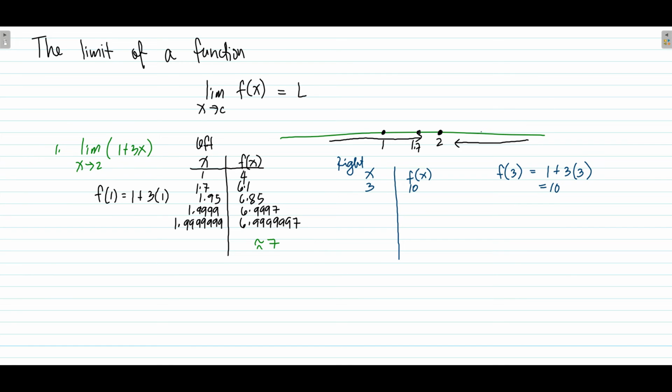So if this is 3, we can go right here with it. That is 2.5. So let's try 2.5. So f of 2.5, 1 plus 3 times 2.5. That is 8.5.